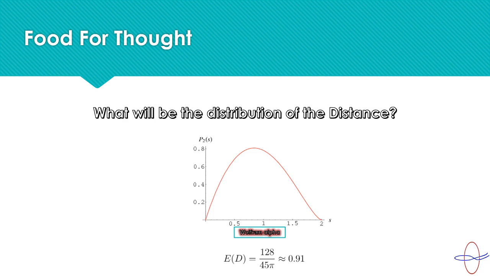Don't get me wrong because of the graph, but it's essentially the idea that the smaller length has a much better chance than the bigger length, I mean less than one and more than one. The expectation comes out beautifully in terms of pi, but essentially it's around 0.91.